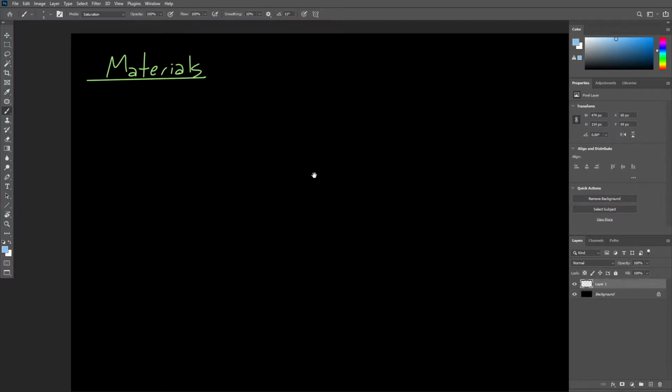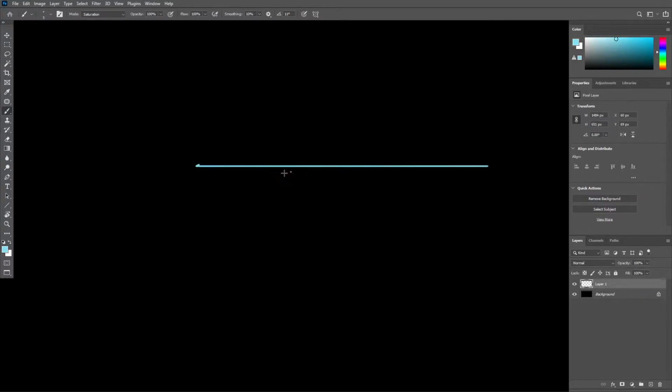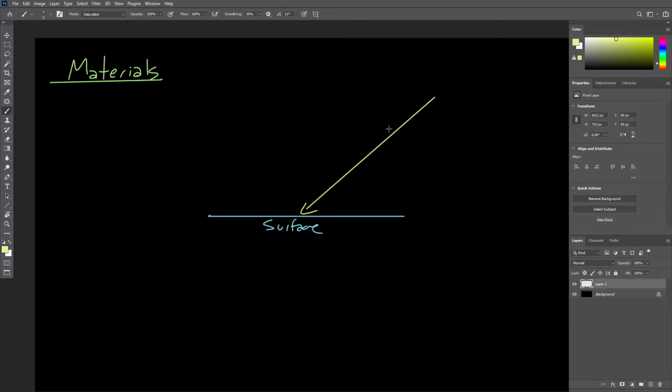And the reason they are called this is that they consider light from an incoming direction. So let's label this line right here as our surface, and let's take a look at that light as a vector, really, just showing which direction the light is coming from, right?